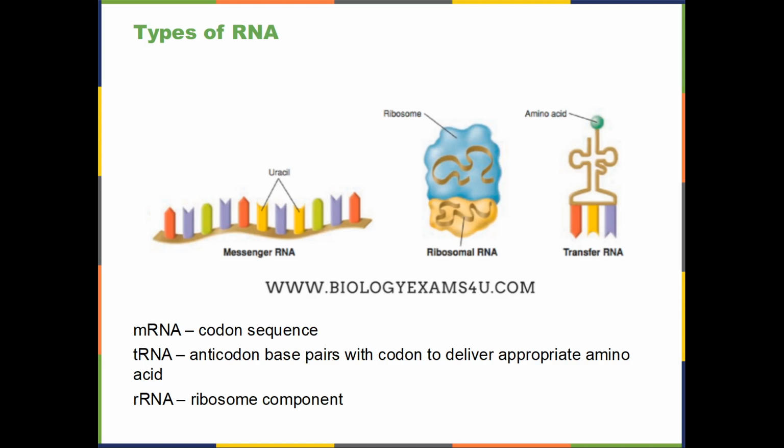And it will only bind a particular amino acid based off of those 3 bases that it's got. And so what this allows during the translation from RNA that occurs in the ribosome, it allows for a specific amino acid to be paired to a specific RNA sequence. All right, so these 3 are very important for the production of protein.